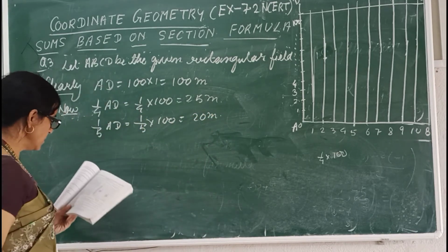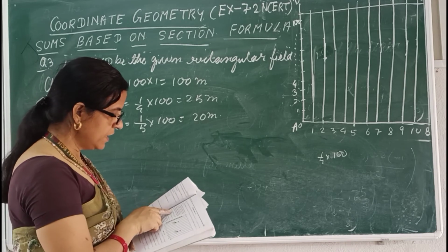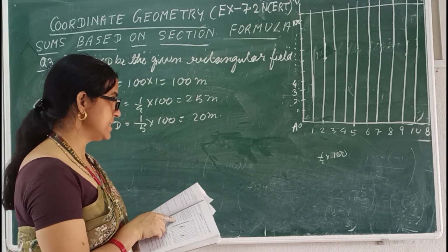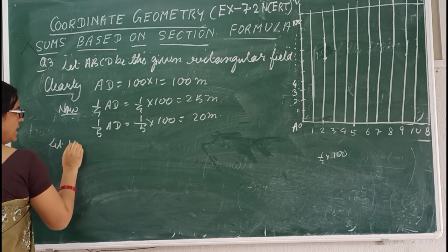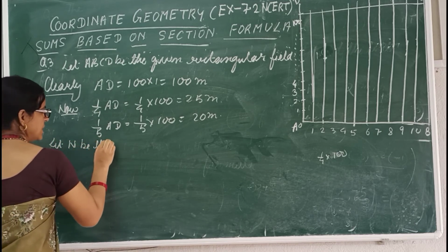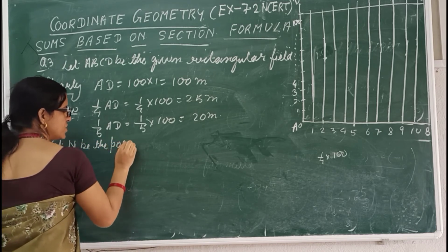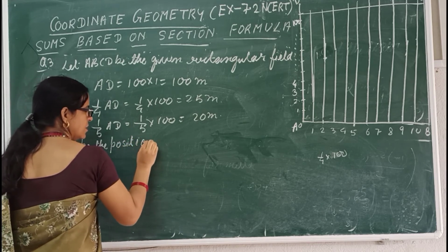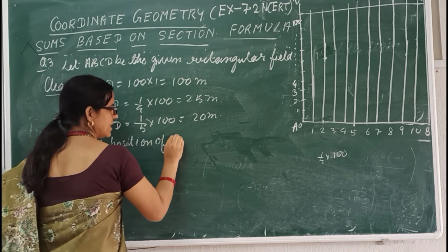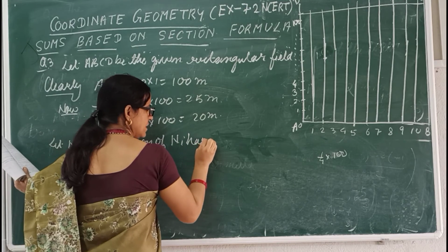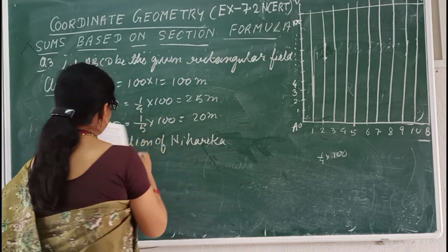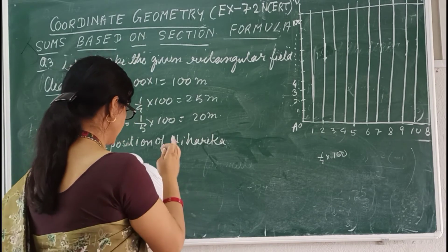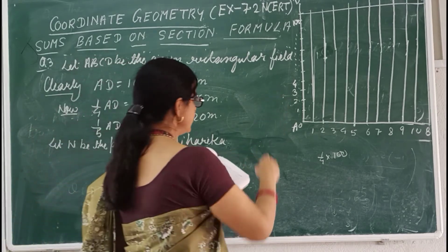Now let us continue reading the question. Niharika runs 1/4 the distance AD. So let N be the position of Niharika. Then along AD, Niharika has covered 1/4 of AD, that is 25 meter, and her lane is second.